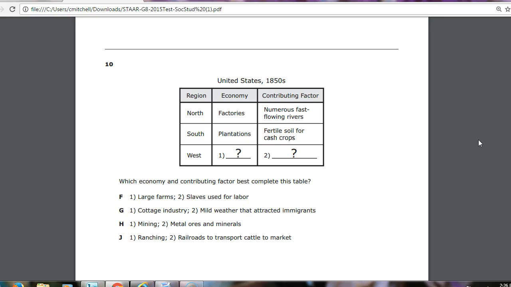F. 1. Large farms. 2. Slaves used for labor. G. 1. Cotton industry. 2. Mild weather that attracted immigrants. H. 1. Mining. 2. Metal ores and minerals. J. 1. Ranching. 2. Railroads to transport cattle to market.